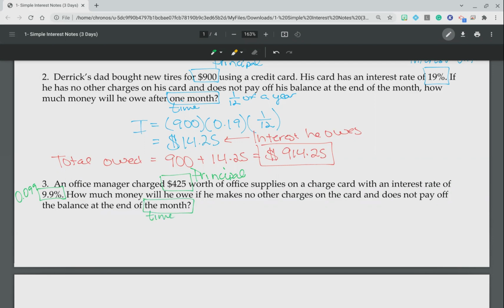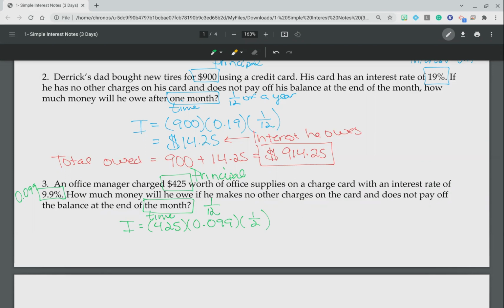We talked about how this is the time, but since our time, according to our formula, has to be in years, 1 month is only 1/12 of a year. First we have to find our interest, just like the one above, and then we have to find the total amount owed. So our interest equals our principal times our rate times our time.